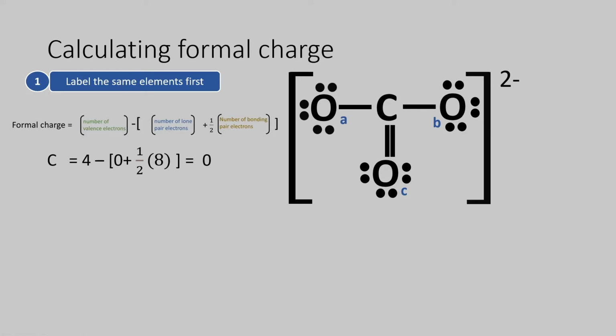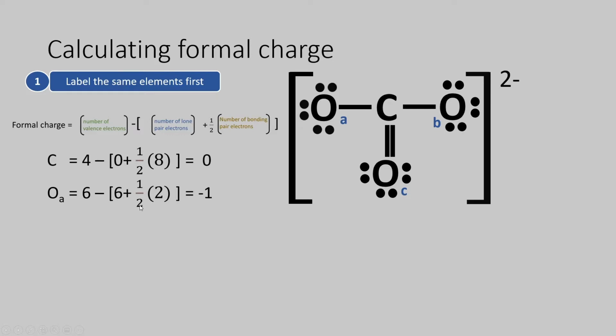Okay. So, now kita tengok untuk each of the oxygen. So, kita start lah dengan A. Kita dah tulis A dulu. So, A, oxygen is group 16. So, dia ada 6 valence electron. 6 valence electron minus number of lone pair dia. Lone pair dia ada berapa? 1, 2, 3, 4, 5, 6. So, ada 6.